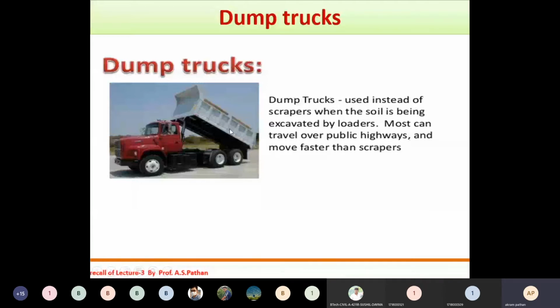Particularly, we are interested to know the hiring charges for this particular truck, highway truck or dumper. How much cost we can pay to hire a particular truck for a particular site, if you want to bring the particular coarse aggregate.